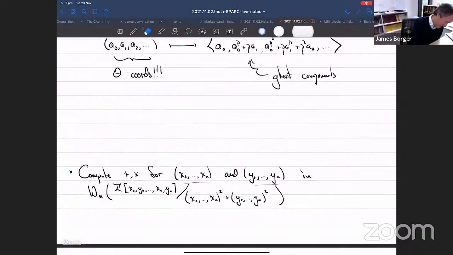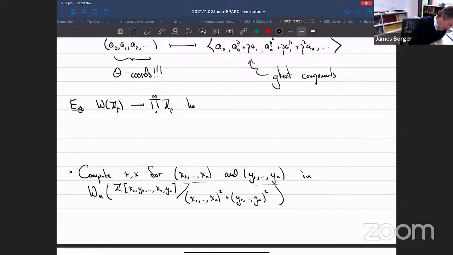So yeah, okay, good. Let's do it. Example: W of Zp mapping to the product ring of Zp as image. Maybe I'll change to B0, B1, and so on, such that B n plus 1 is congruent to B n modulo p to the n plus 1.